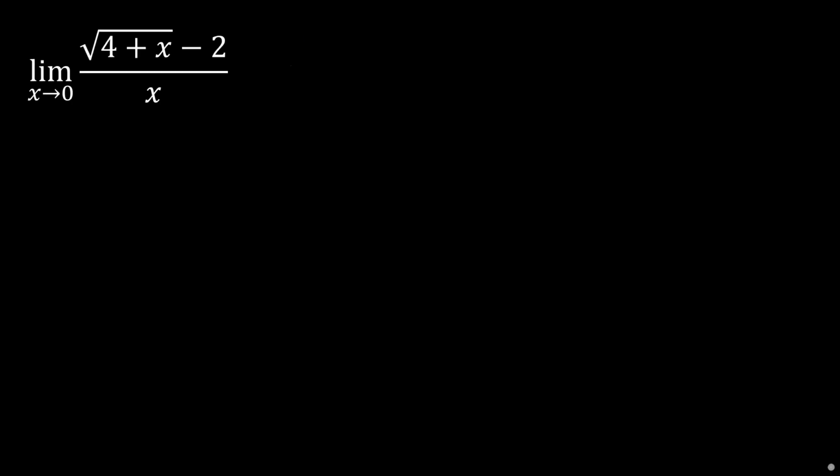All right, for this problem, this is where we need to multiply by the conjugate. Because if you plug in 0, watch this. We plug in 0 for x. Up on the top, it really doesn't matter, because then we'll just get the square root of 4 minus 2, right?